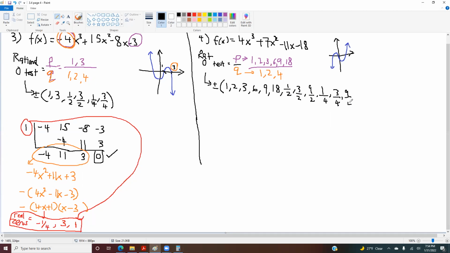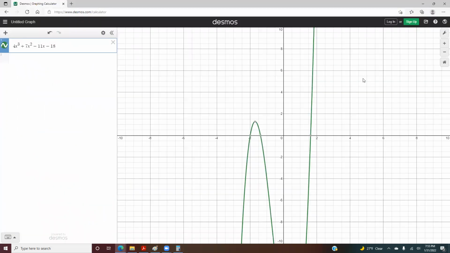Now again, I do not want you guys to do synthetic division here because of the icky fractions coming out, so we will use a graph. Again, on the test, I will provide you a graph that is more readable, like the decimal graph here. So can someone tell me what the readable graph numbers are here for zeros?